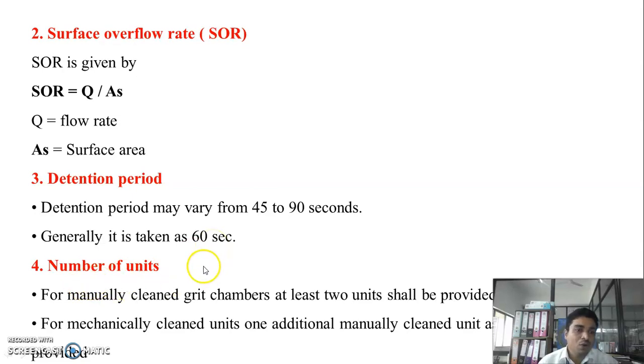Then number of units. For manually cleaned grid chamber at least 2 units shall be provided, because if some problem occurs in one unit, another standby unit should be there. And for mechanically cleaned units, 1 additional manually cleaned unit as bypass shall be provided.